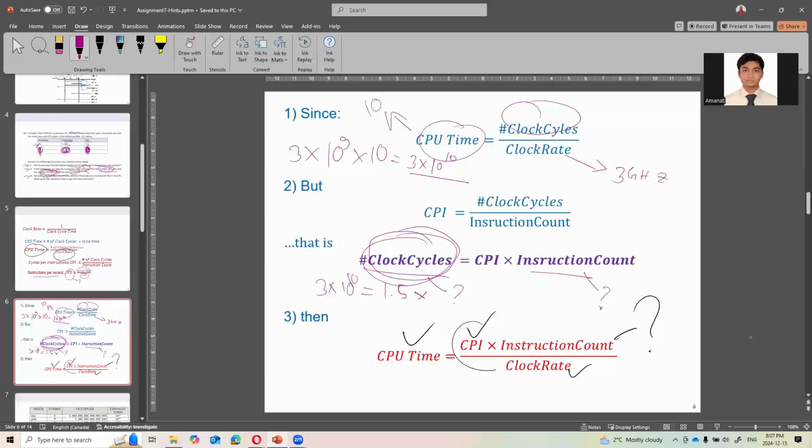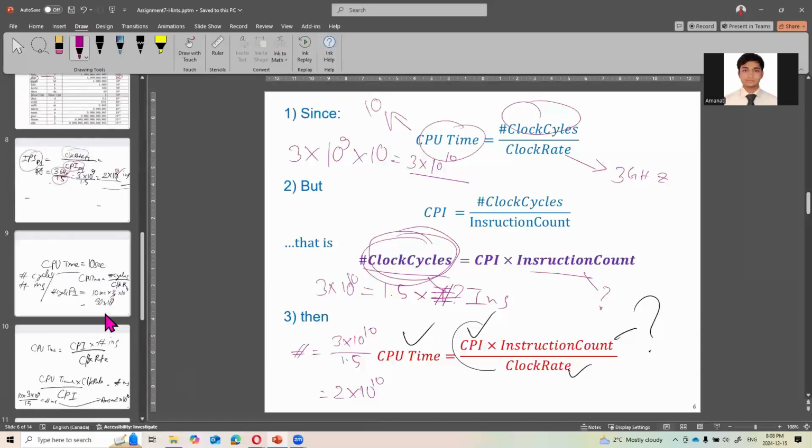So we can find the number of instructions. Number of instructions is 3 into 10 to the power 10 divided by 1.5. This will be 2 into 10 to the power 10 instructions. Again, this doesn't have any units.